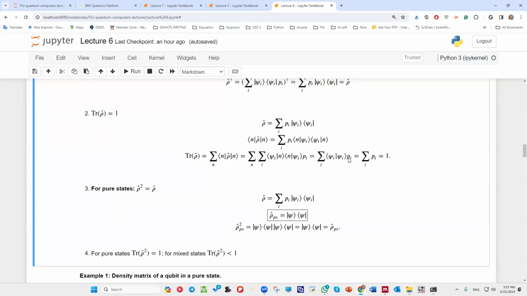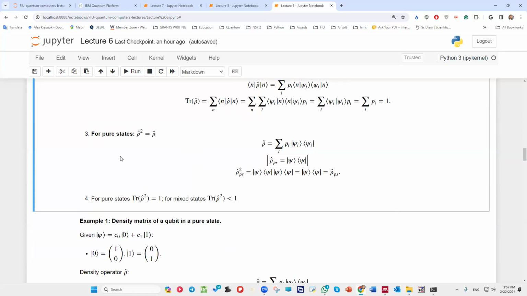The result is here. And now we use this assumption or requirement that the psi vectors have norm 1. Okay, so we simply come to this conclusion, and the classical probabilities, of course, are also normalized. So the summation of all these classical probabilities gives us 1. So the trace of the density operator is equal to 1.